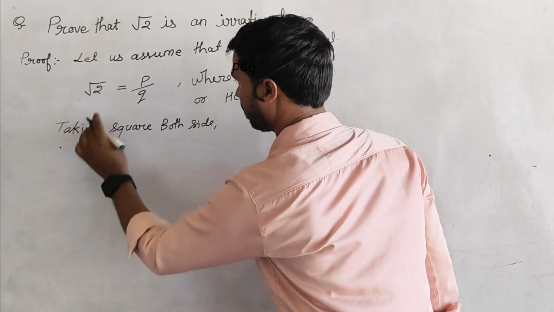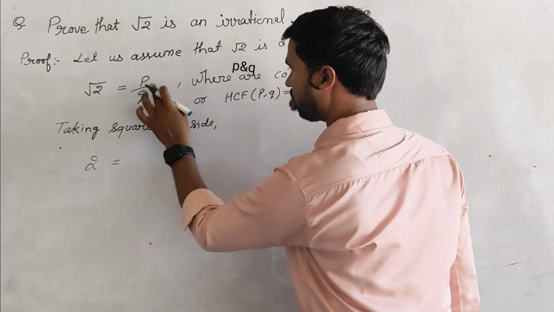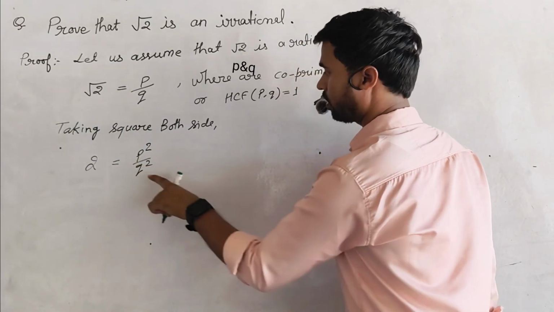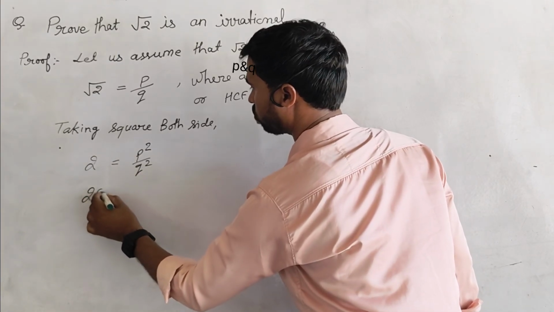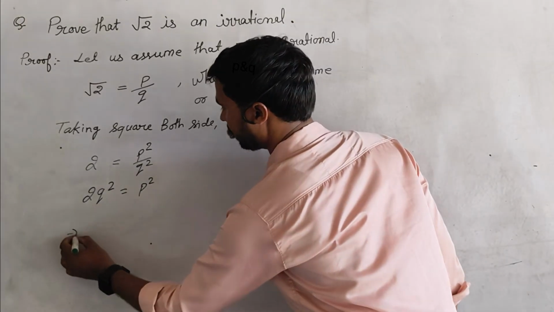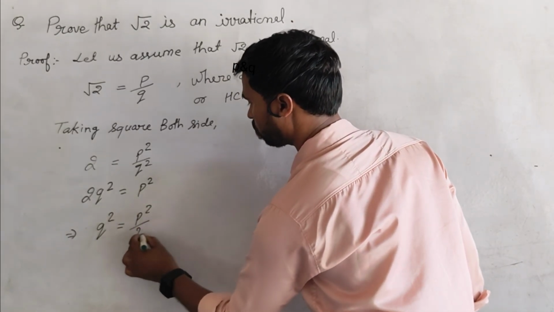we can write: the square of square root 2 is 2, and the square of p by q is p square by q square. Now cross multiply, so 2q square is equal to p square, or we can write q square is equal to p square by 2.